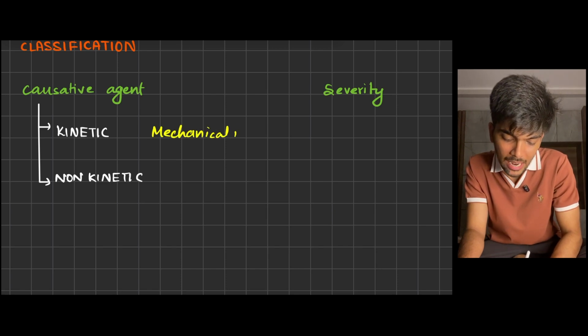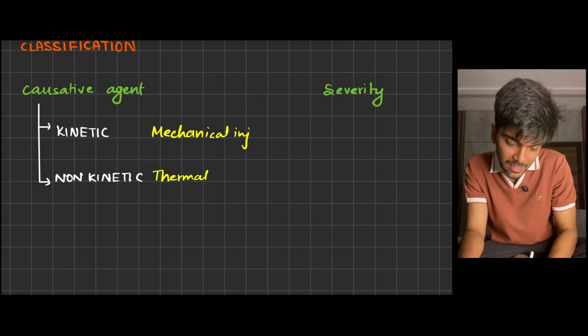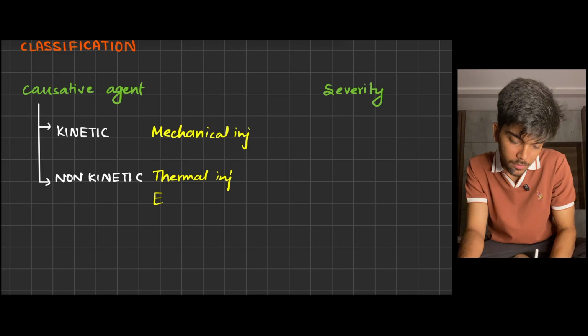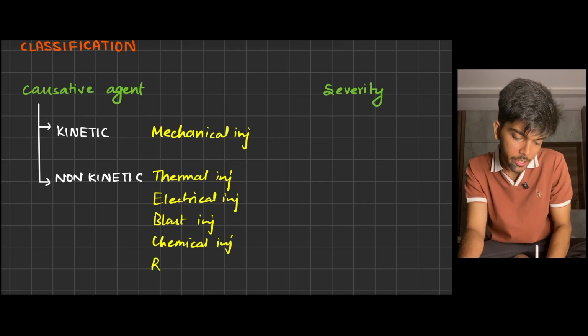And under non-kinetic injury, we have thermal injury, electrical injury, blast injury, chemical injury, and radiation injury.